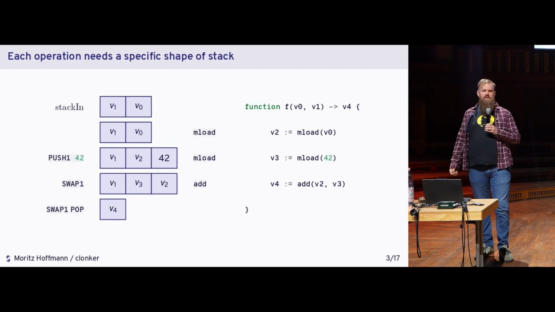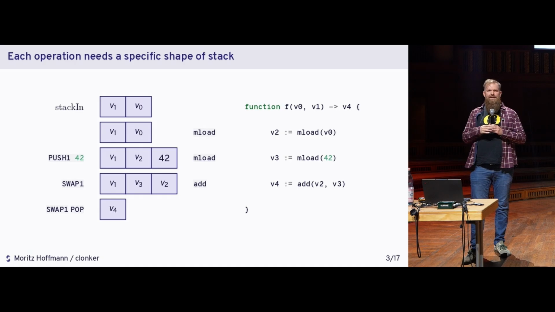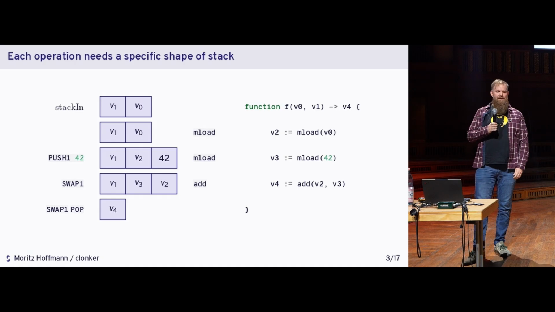And then we want to execute the first instruction, which is an mload of v0. And since v0 isn't used anymore downstream, we can simply emit the mload opcode, and the v0 is going to be replaced by a v2 symbolically. Now, afterwards, we want to mload from a static address 42, right? This is just a made-up example.